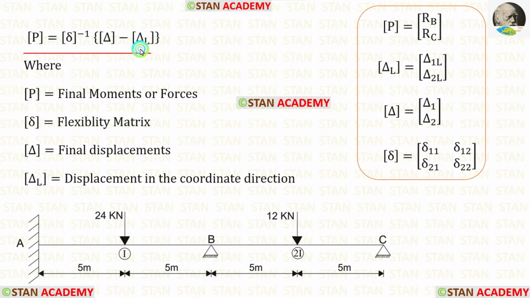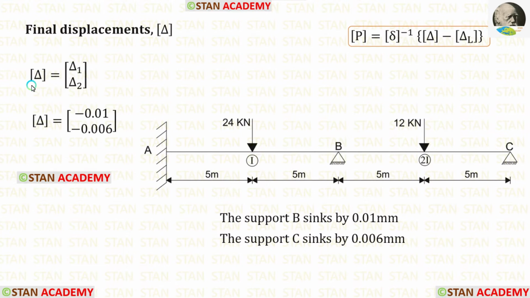In this formula, now let us find the delta matrix. We know that inside the delta matrix, we will have the final displacements. Our first coordinate is in the point B. In the point B, the support sinks by 0.01 millimeter. The sinking occurs always downwards, so we have to apply this value with the negative sign.